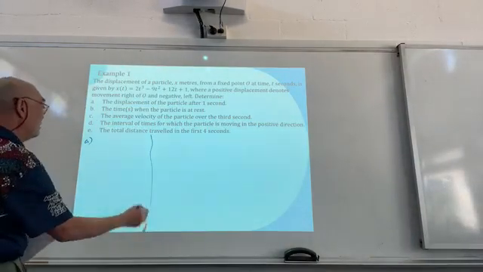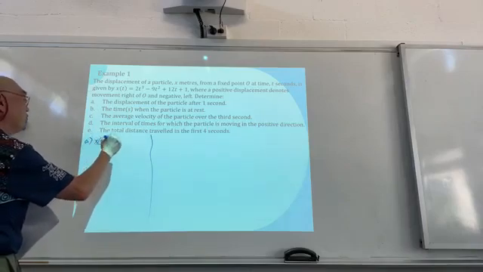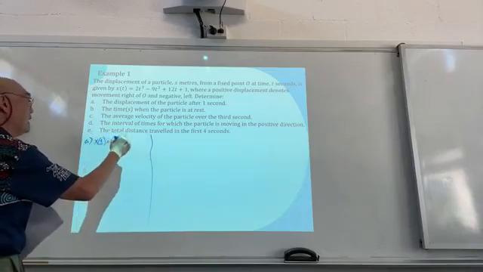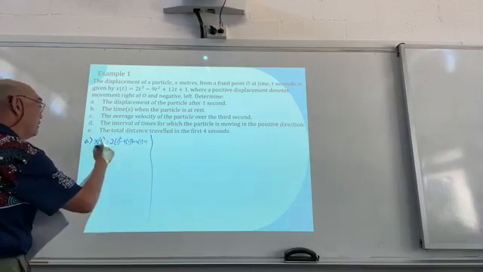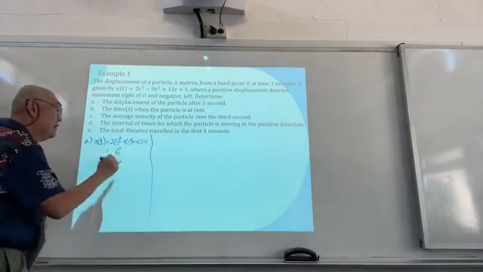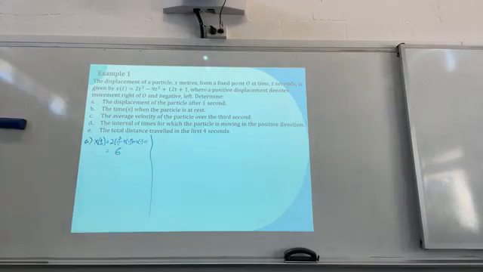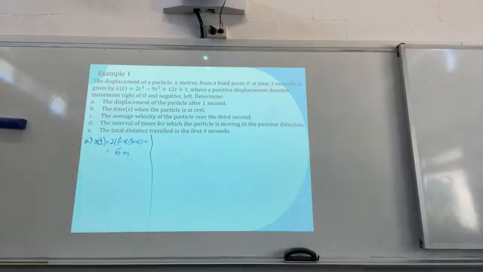Displacement, velocity, derivative. x(1) equals 2 times 1 cubed minus 9 times 1 squared plus 12 times 1 plus 1. All right, that should give me 6. Now, in this sort of situation, you always should give the units, which is 6 meters. Correct?